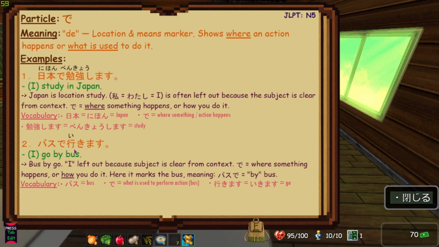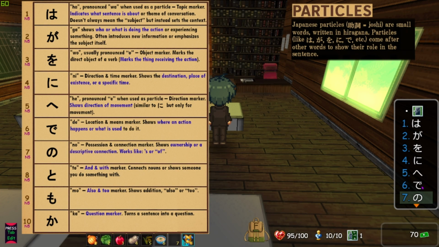Bus, by, go. Again, watashi wa, I am probably the subject over here, and it's just left out because of context. I'm the one speaking and saying that. So in textbooks you always have the watashi wa just to give you the full grammatical structure, but context is really important in Japanese.